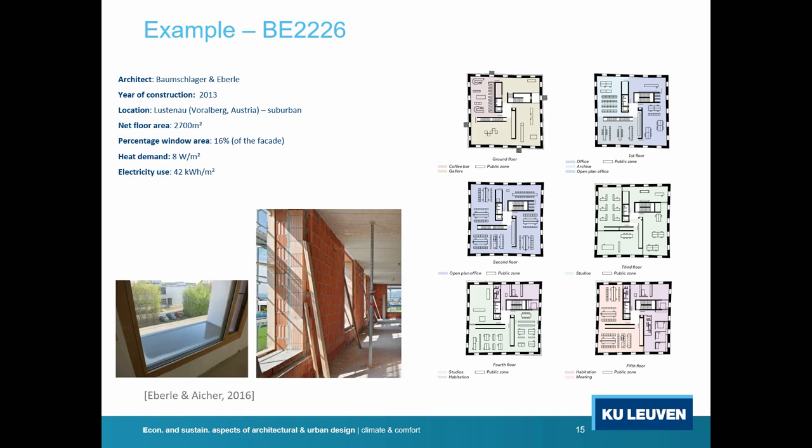But we checked this building with simulations, and we saw that from this 70 centimeters, actually only the inner layer of 20 centimeters or even 15 is used. So it's an over-dimensioning of the thermal capacity, according to simulations. We discussed it with the architects, but they say that simulations cannot capture everything.